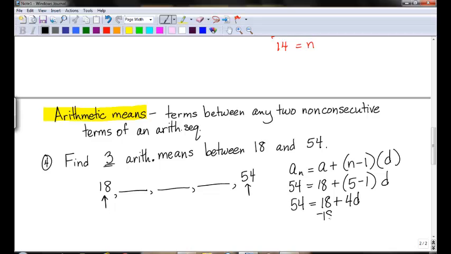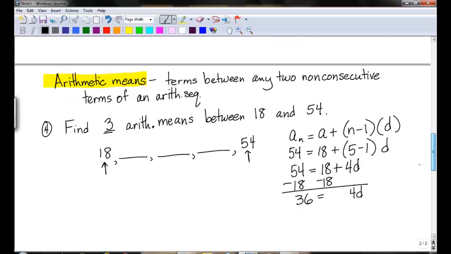Subtract 18 on both sides, and you'd end up with 36 equals 4d. And divide by 4 on both sides. And d equals 9. Now, that's not the answer. Now you got to come back. To get from one term to the next term, once you know that common difference, you just add.